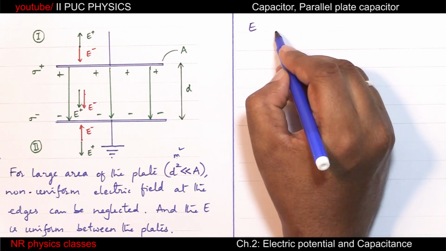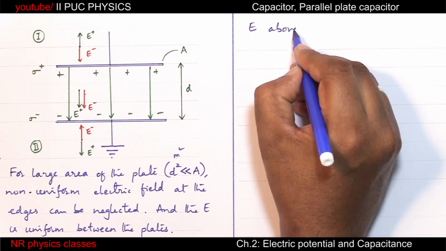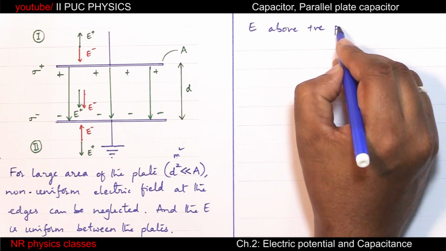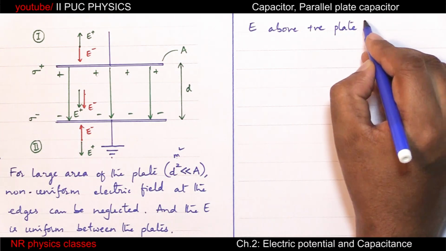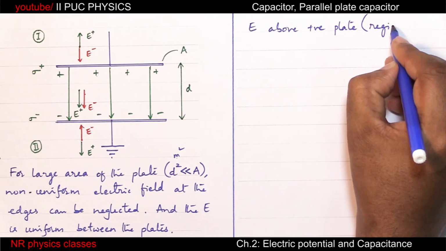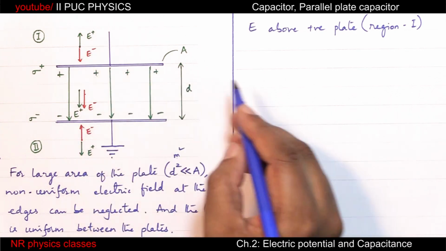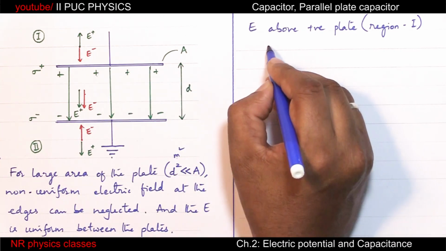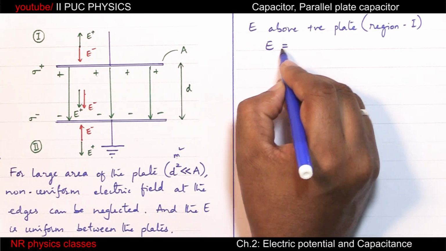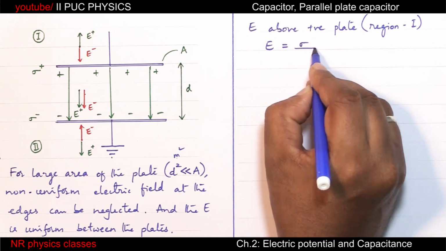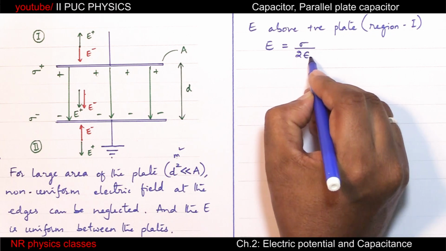Electric field above the positive plate, that is region 1. In this region, the resultant electric field is equal to sigma by 2 epsilon naught.